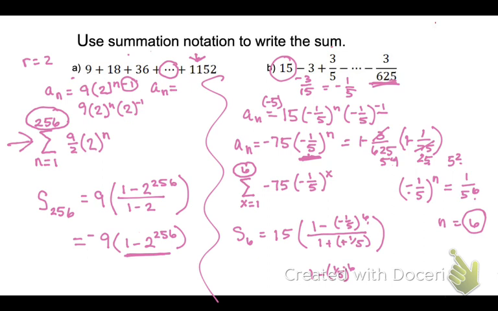Positive. So that's going to be 6/5. And multiplying by the reciprocal would be 5/6. So 15 times 5 is 75 over 6. So S sub 6 is 75 over 6 times 1 minus 1/5 to the 6th.